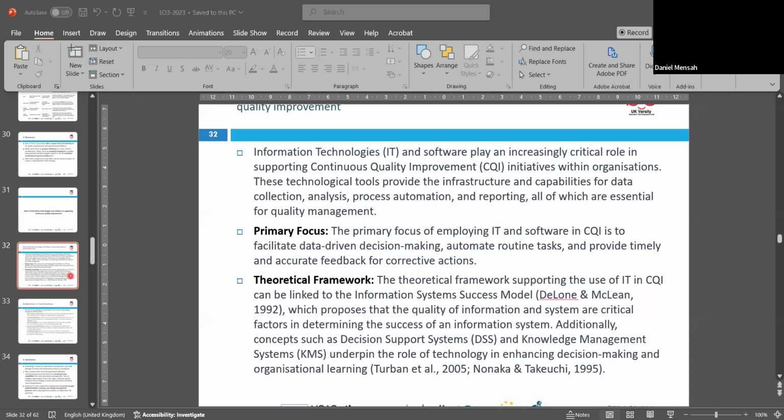So they are in a better position to choose the best option for their processes, for their businesses. They help the manager choose the best option amongst various options or scenarios.